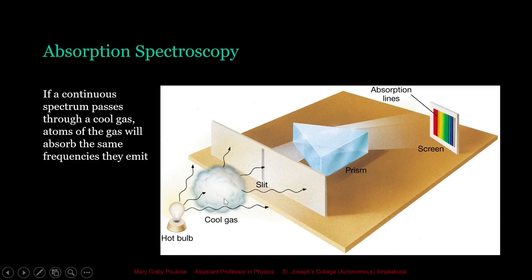So the gas will absorb those wavelengths and the remaining light will pass through. When this light is dispersed and seen on a screen, in this spectrum we can see certain gaps, certain lines that are missing. So we understand that these wavelengths are absorbed by this sample gas. This spectrum is called the absorption spectrum. Here the atoms of the gas absorb those particular frequencies.